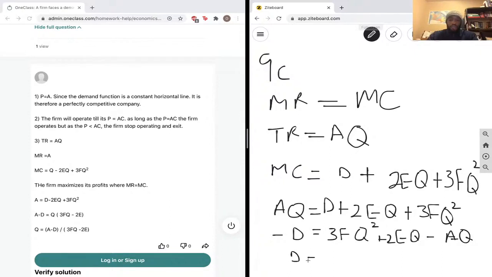D equals minus 3FQ squared, plus 2, oh no, it's not a plus, everything's being divided by a negative, so this is going to be negative 2EQ plus AQ.